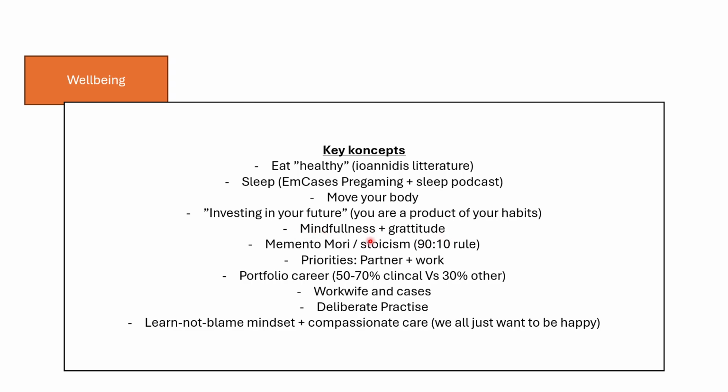Mindfulness and gratitude, I think those are really important things. It's part of compassionate care and your mindset in general. Memento mori, I think personally, is really important. Our concept of death and being reminded of death, and stoicism, and all of these things.